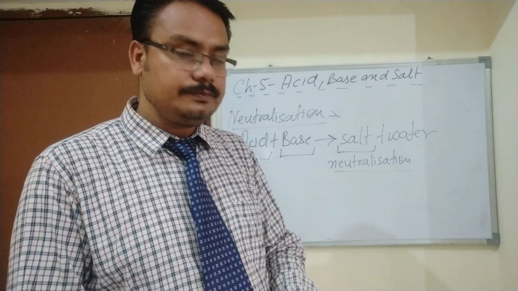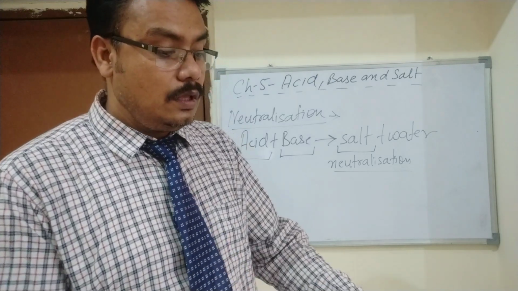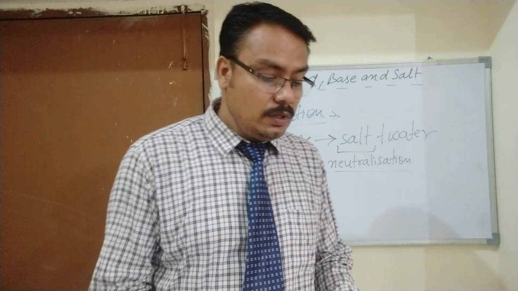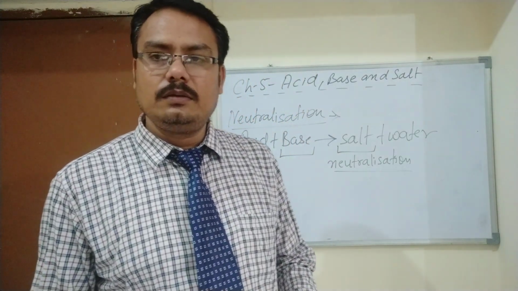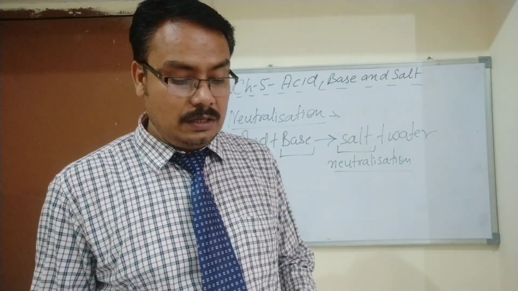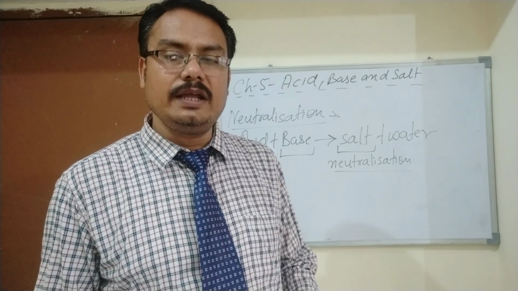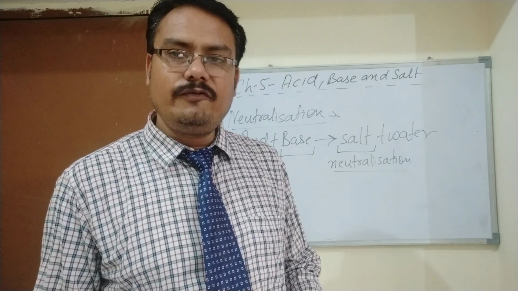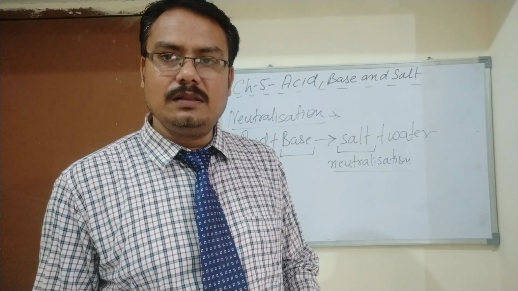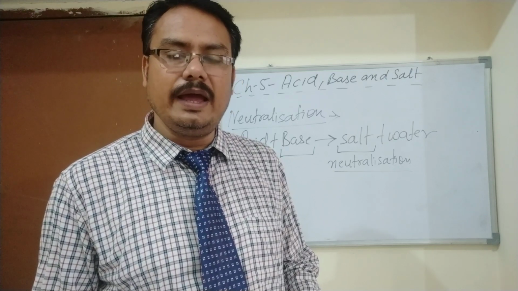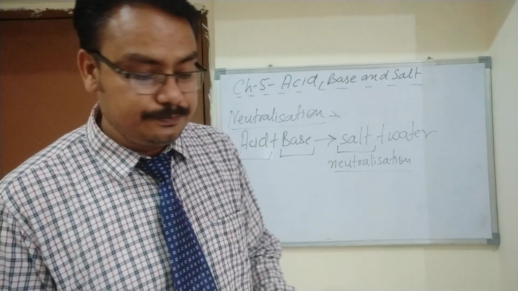So students, I am going to explain with a few examples. Hydrochloric acid, HCl, is an acid, and when it reacts with sodium hydroxide, NaOH, which is the base, it forms NaCl, that is salt, sodium chloride, plus H2O, water.